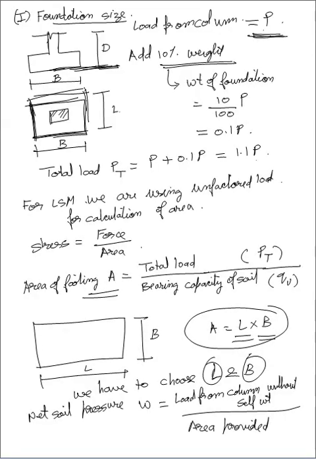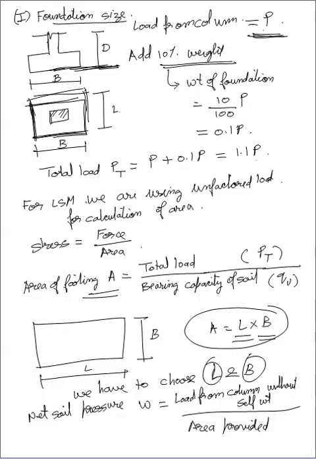Now net soil pressure over foundation will again be represented by small w. We have seen that your net soil pressure was load from column without self weight divided by area provided.